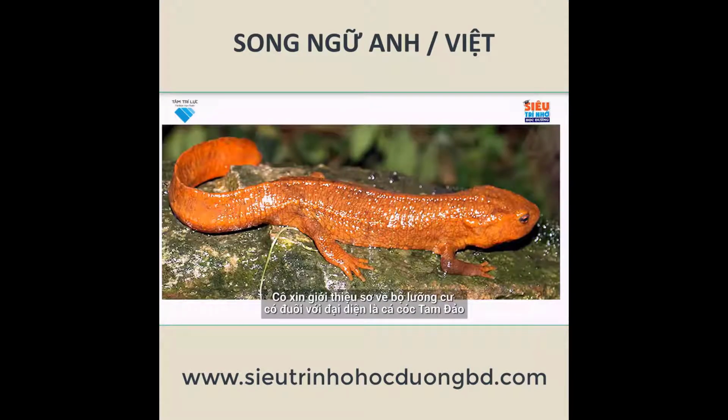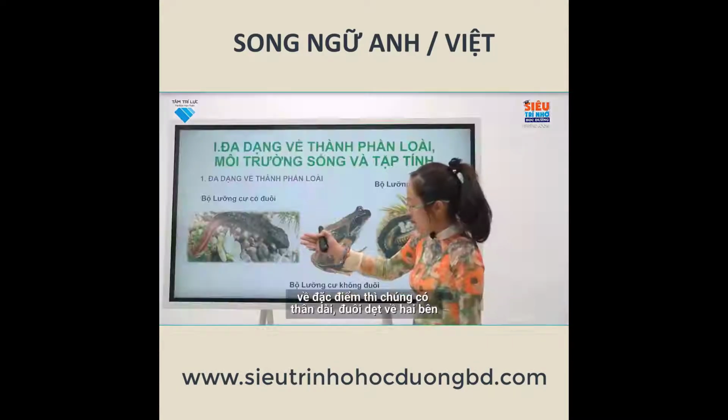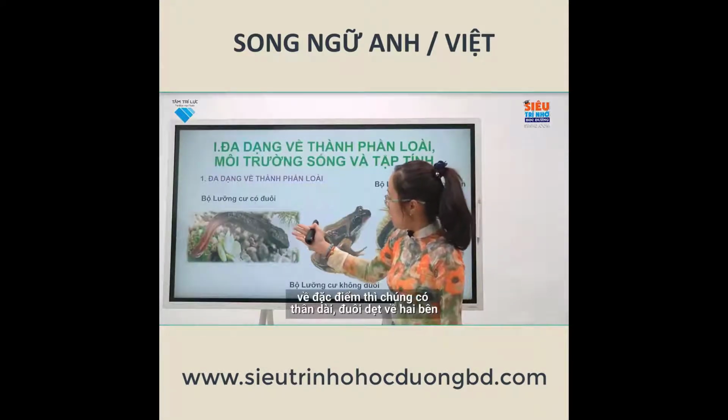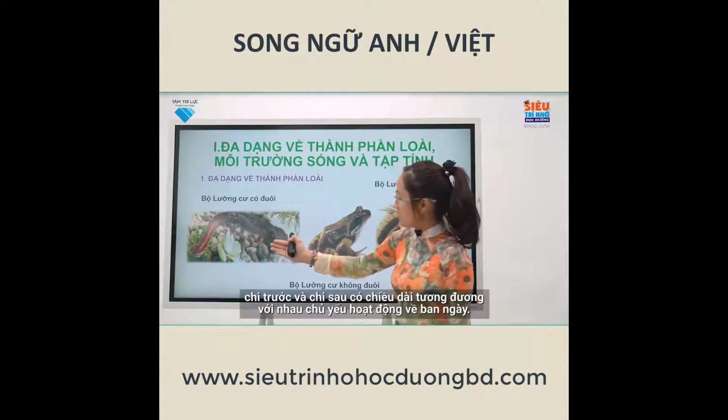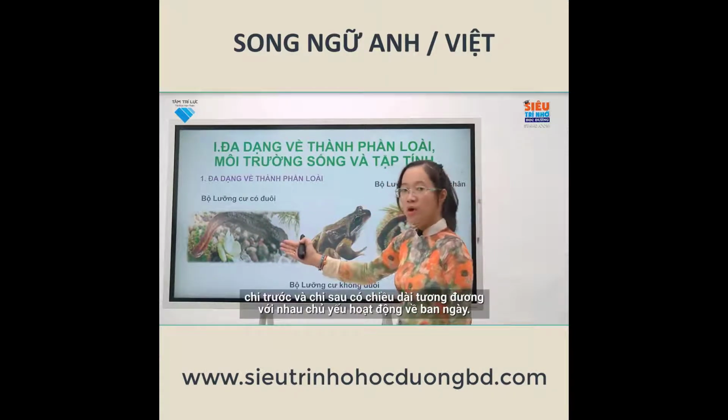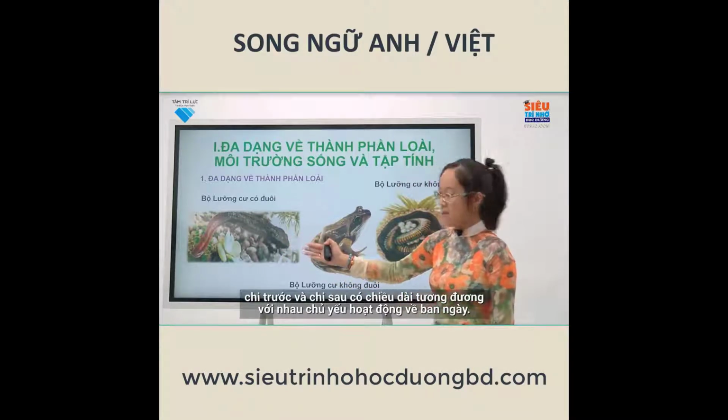I would like to briefly introduce the tailed amphibians, represented by Tam Dao salamander. In terms of characteristics, they have a long body with a tail flattened on both sides. The front and hind limbs are equal in length, and they are mainly active during the daytime.